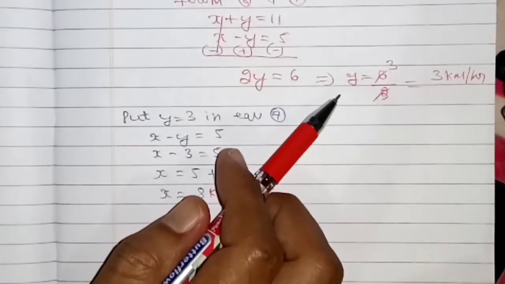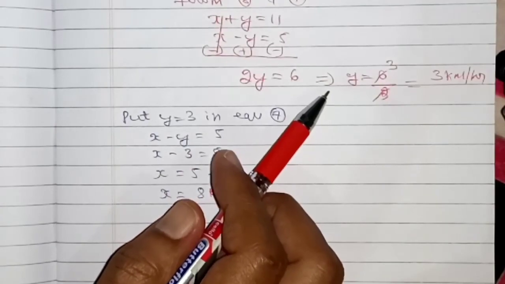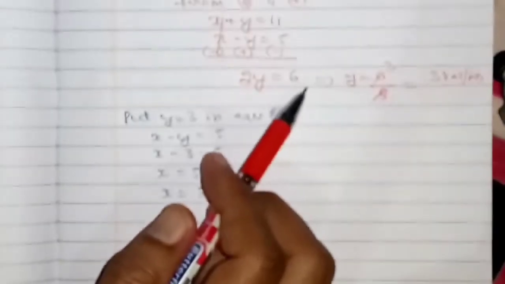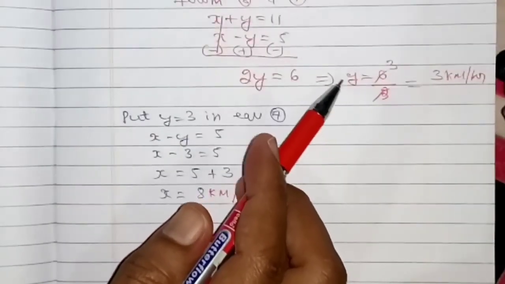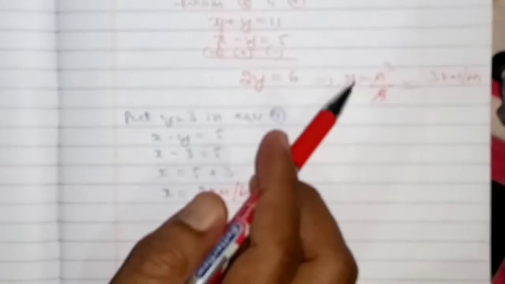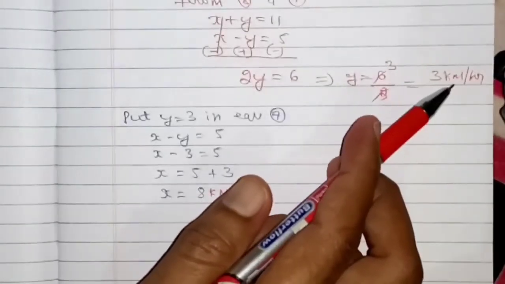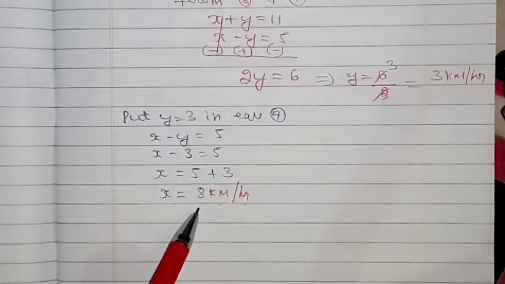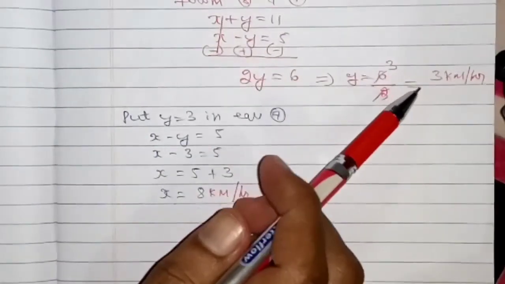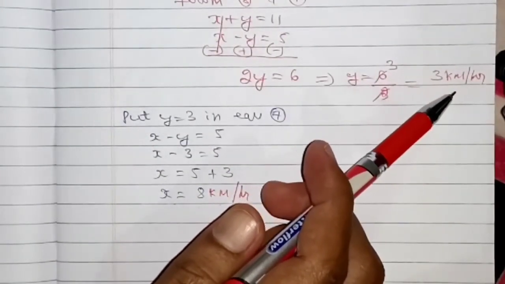And y we have called as the speed of a stream, nothing but the rate of speed of water flows, the river flows. So that is called as y, that we have wrote as y, right? So y is equals to 3 kilometer per hour. So speed of a boat is 8 kilometer per hour and speed of a stream is 3 kilometer per hour.